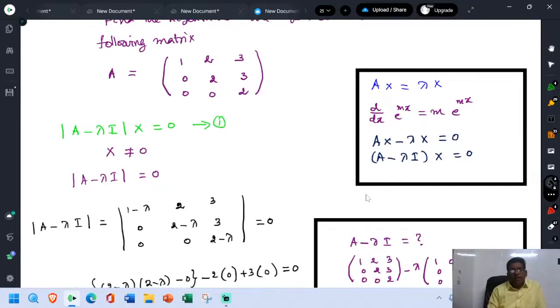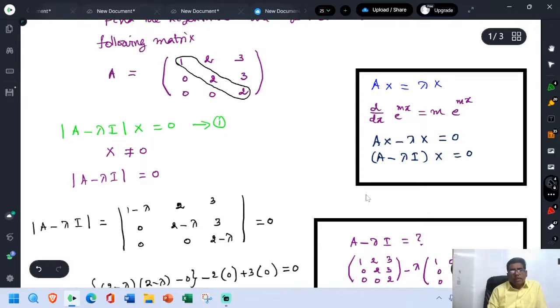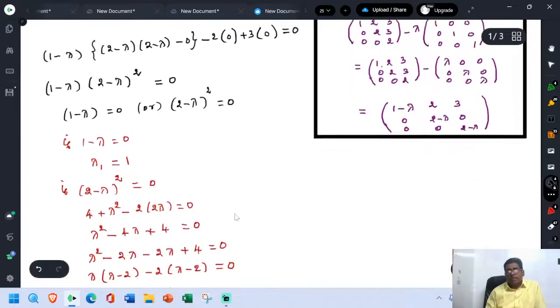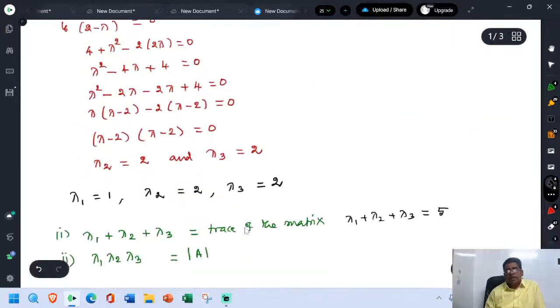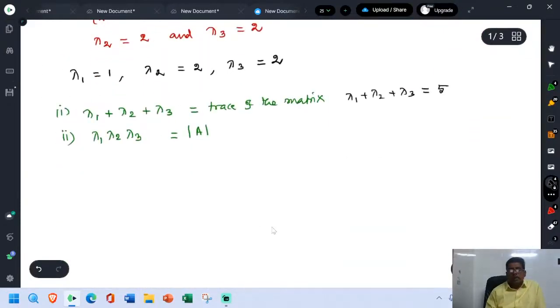Trace means the sum of the diagonal elements. Just take the sum: 1 plus 2 is 3, 3 plus 2 is 5. So the trace value is also 5.